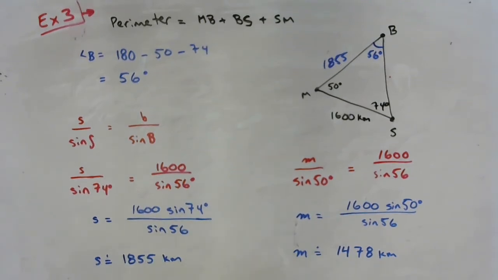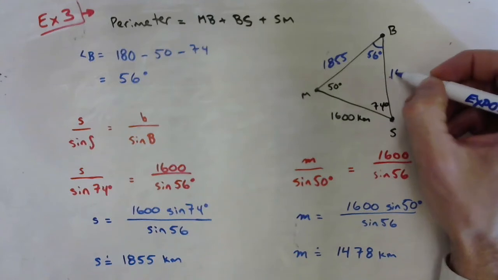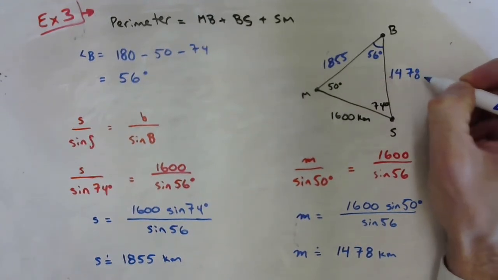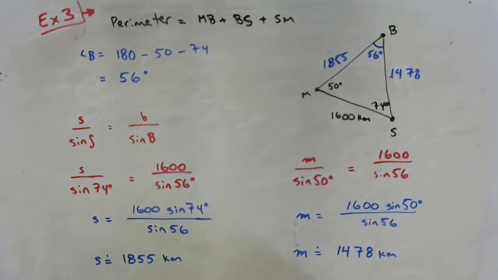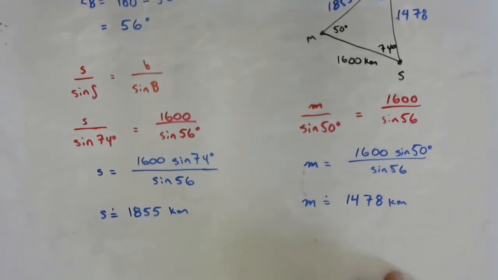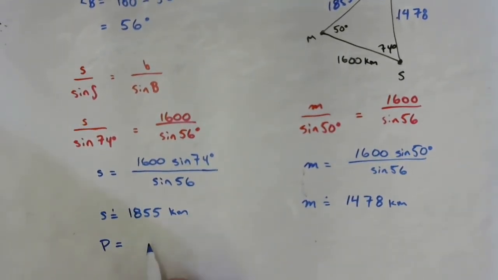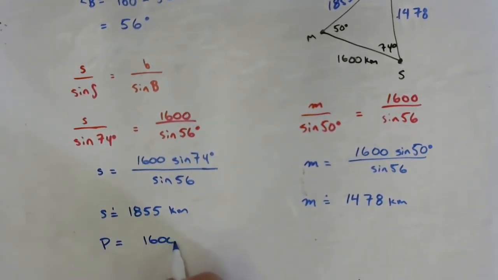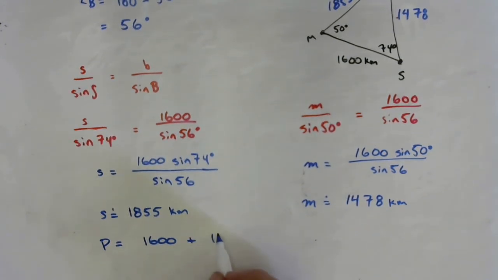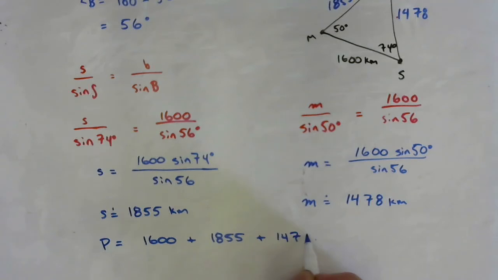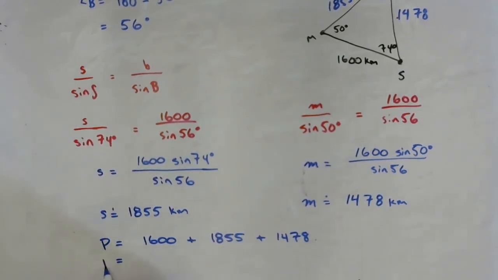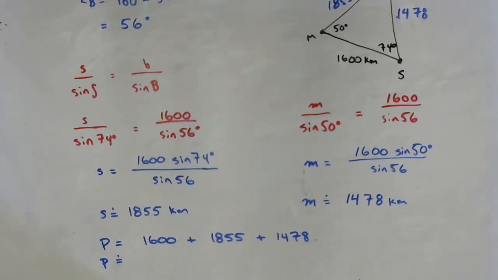And now what do I do? Am I done? You add them all up. I'm not looking for each individual side length, I'm looking for the perimeter. So perimeter equals 1600 plus 1855 plus 1478. Put it in your calculator.